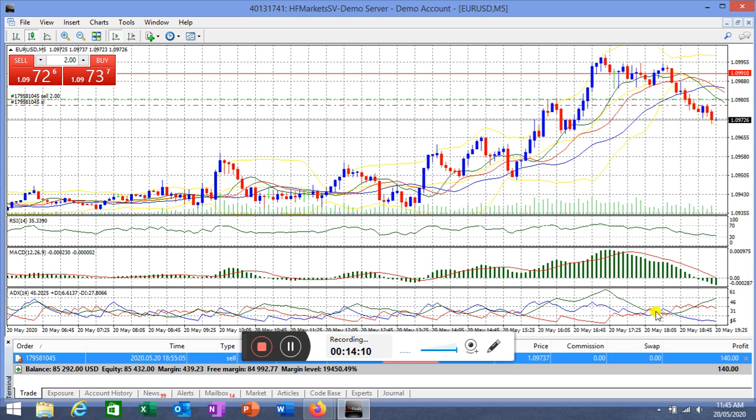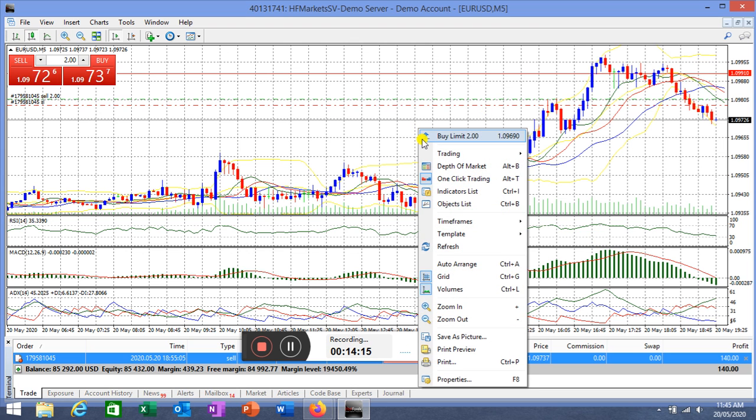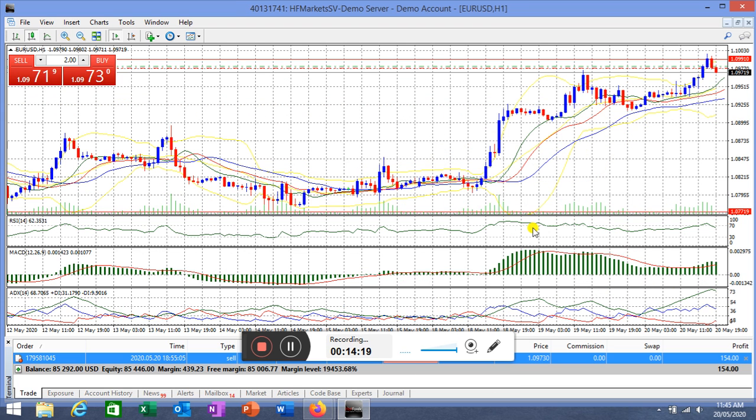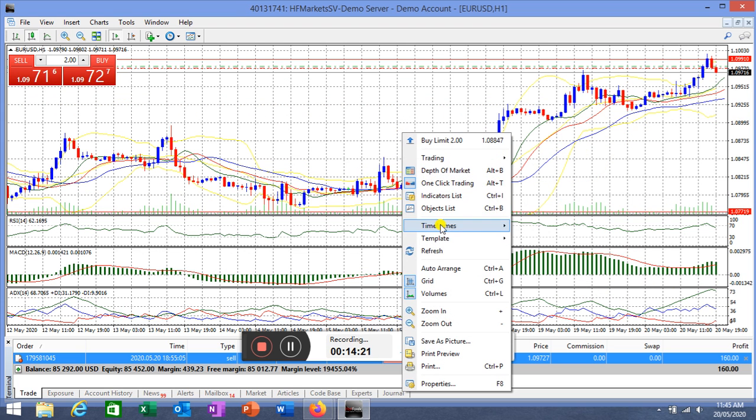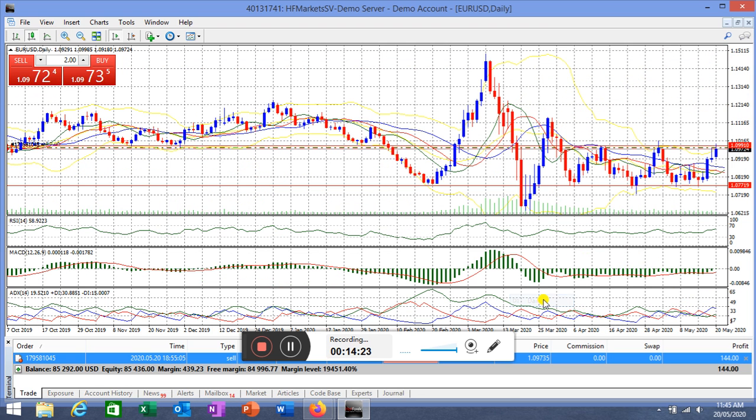So what we're looking at, as we said before, is a high possibility of a bearish situation, with the candlesticks coming down here.